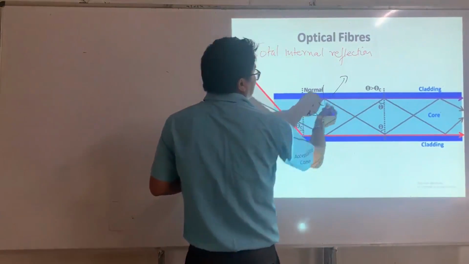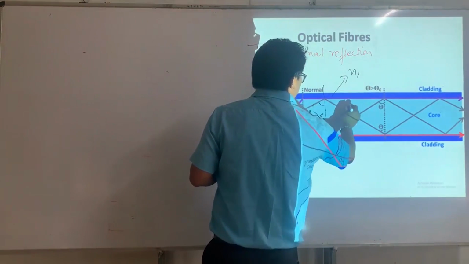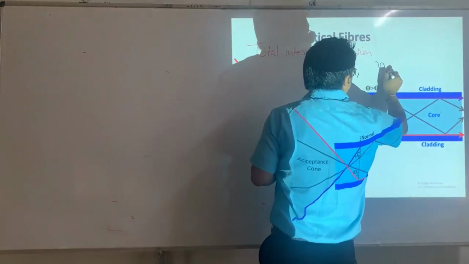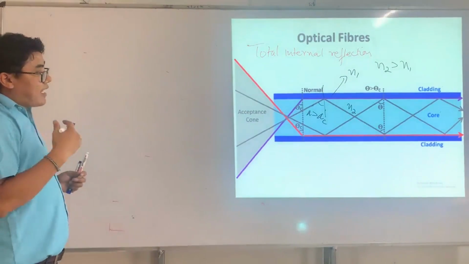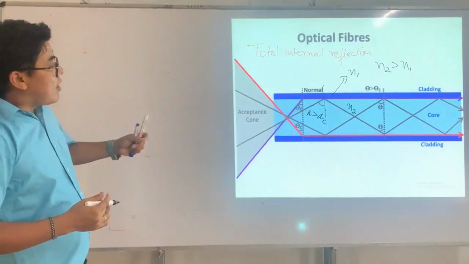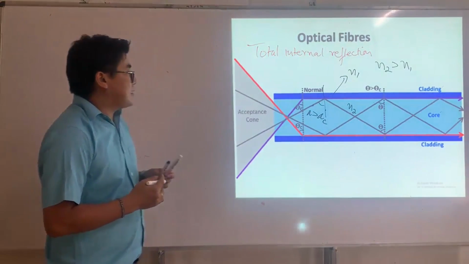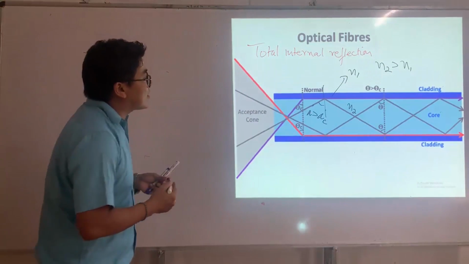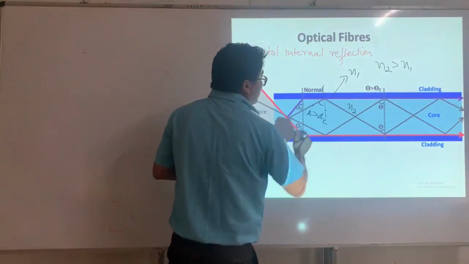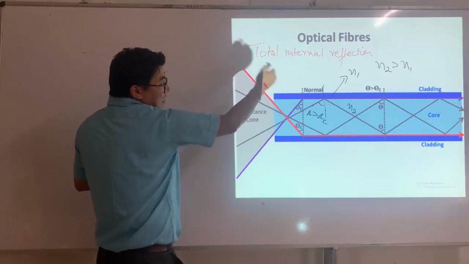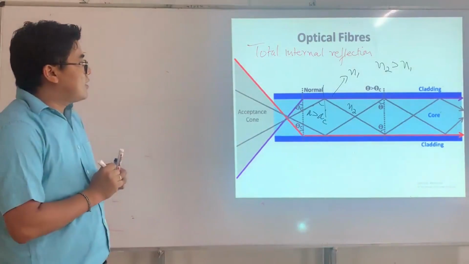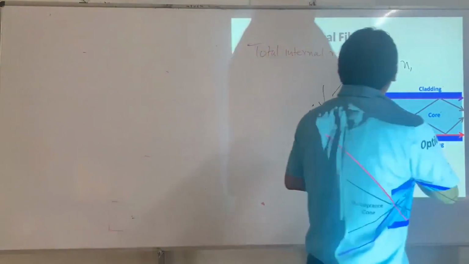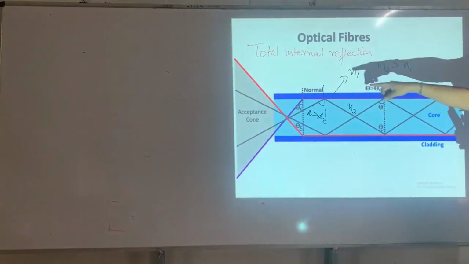Let's say this is N1, this is N2. N1 is more than N2. You see light going from denser to rarer, right? So if the angle of incidence is more than the critical angle, instead of light passing through the next transparent medium, it undergoes reflection, repeated reflection.